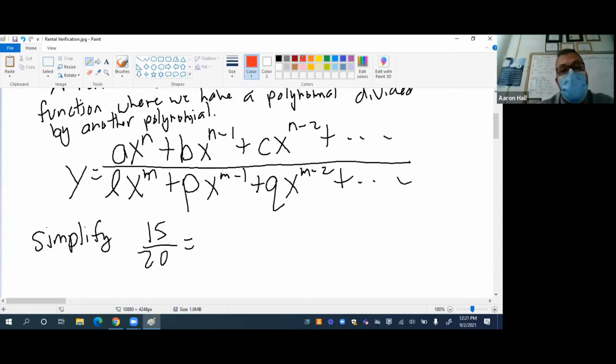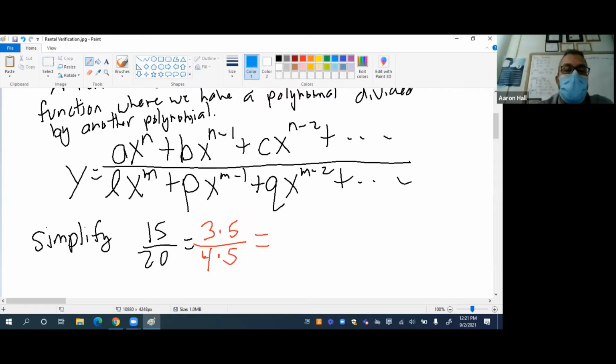If we factor the numerator, we get 3 and 5. If we factor the denominator, we get 2, 2, and 5, or just 4 and 5. I like the 4 and 5 because the connection between fractions and rational functions will be easier to make.